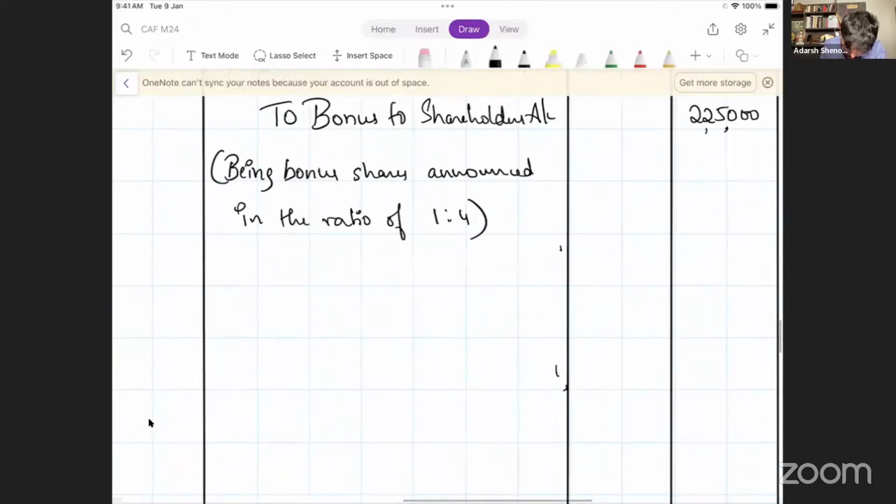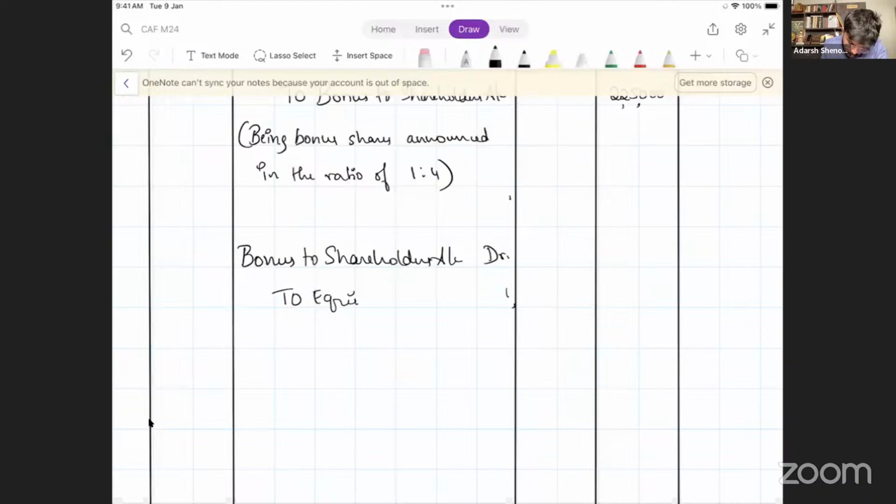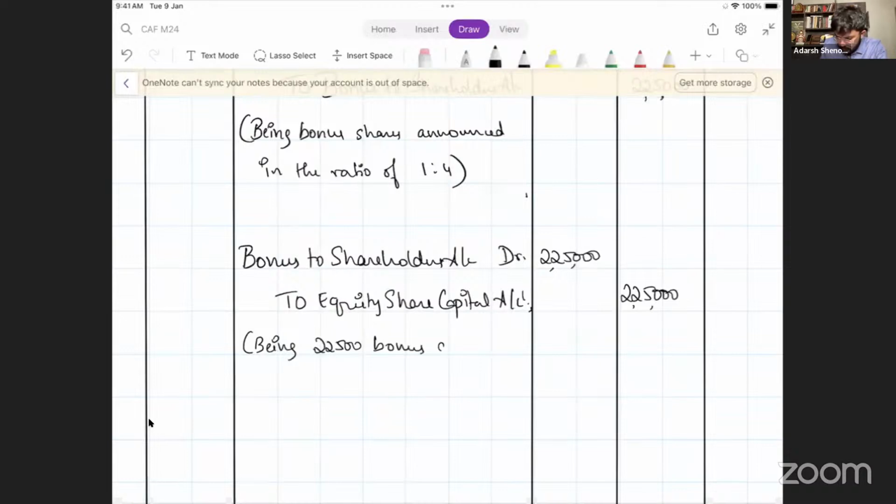Next, bonus to shareholders account debit, to equity share capital account. Done. That's it.